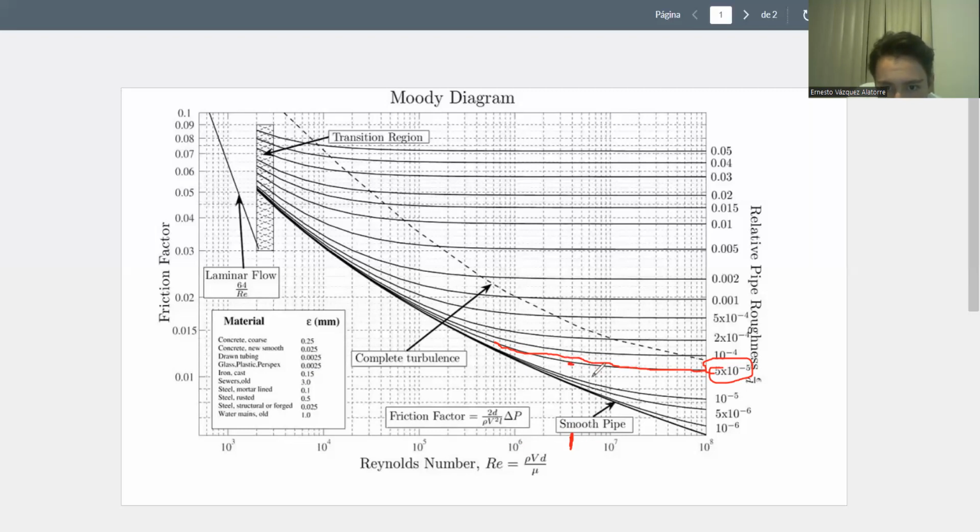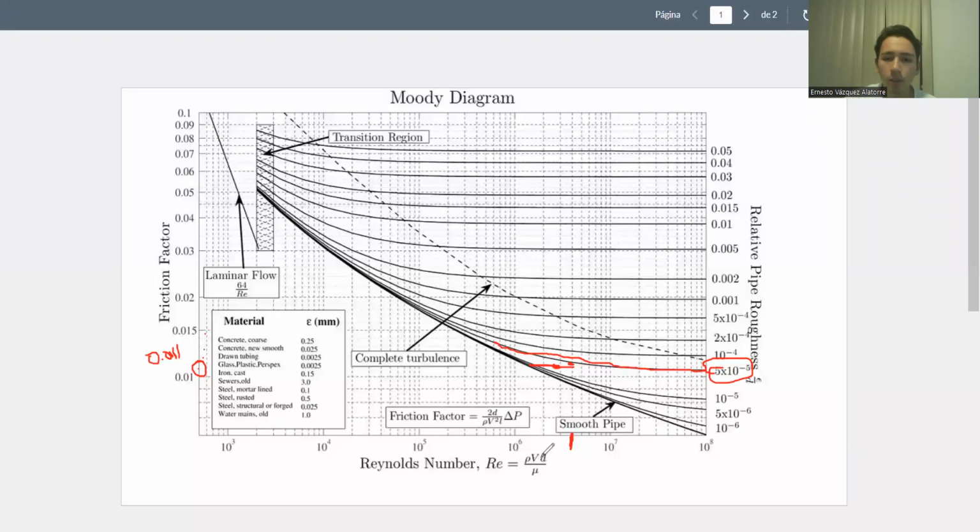We can see that it's practically on this line here, and if we follow it to the left, we get 0.011, and that is going to be our Darcy friction factor.